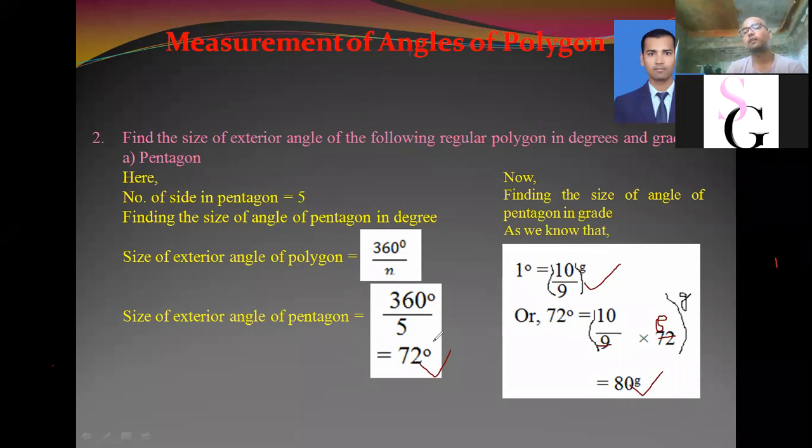If we learn the equation pi radian is equal to 180 degrees is equal to 200 grade, then you can find all the conversion formulas by yourself that we learned in our previous exercise or previous classes.